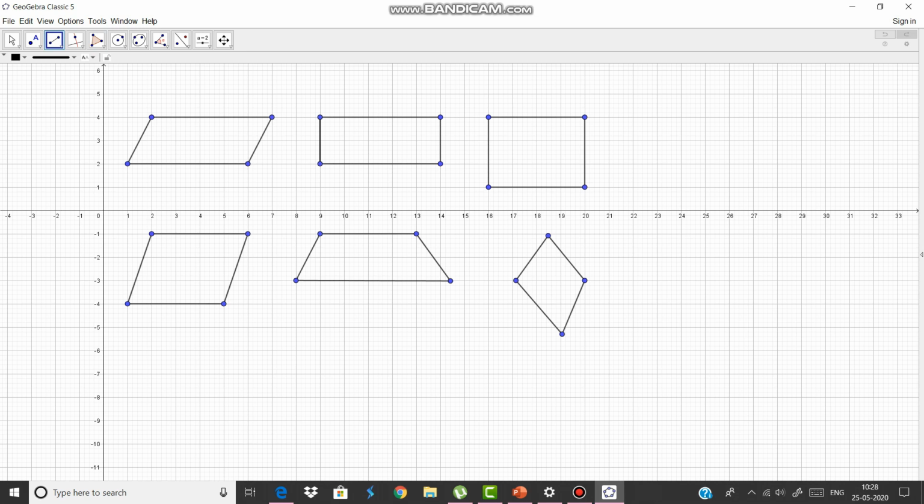So that is why a rectangle is also a parallelogram. But a parallelogram does not fulfill the criteria of the property of the rectangle. So that is why a parallelogram is not a rectangle, because each angle is a right angle in a rectangle, but this property is not fulfilled in this parallelogram.